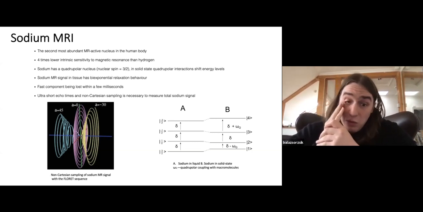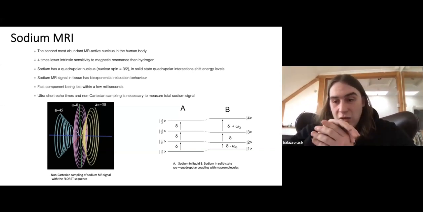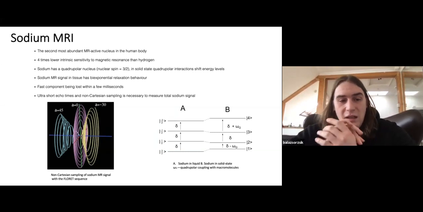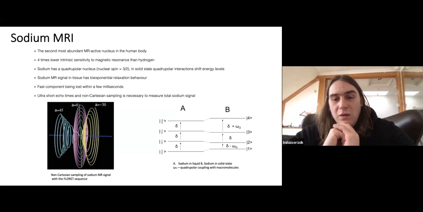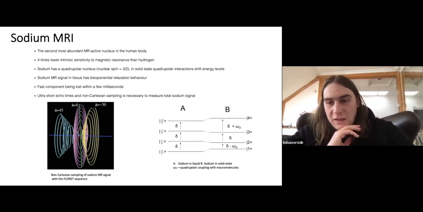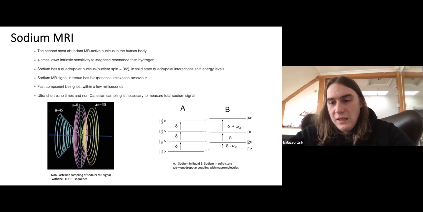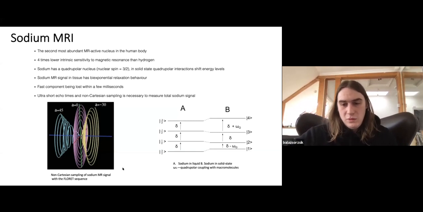In normal proton MRI, it's sampled in a Cartesian way. Here ultra short echo times and non-Cartesian projection sampling are necessary. So the image is sampled in a different way, and that leads to complications with the image resolution. And that's what I will move on to.